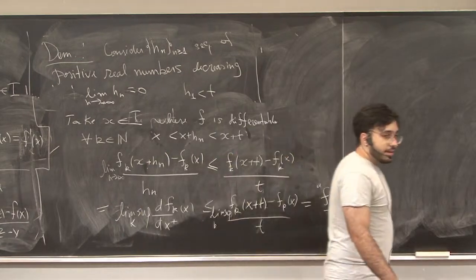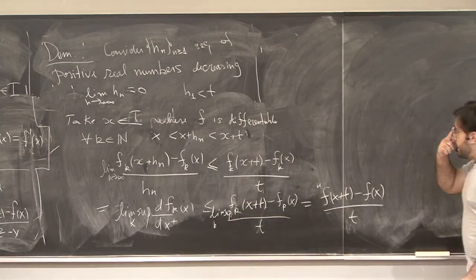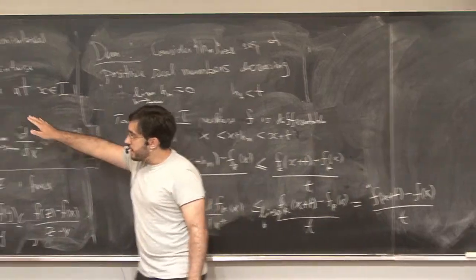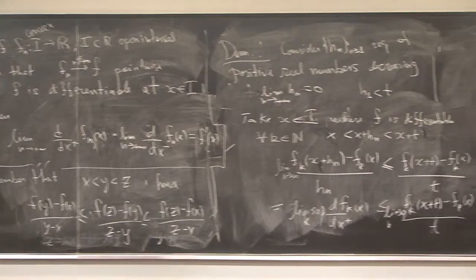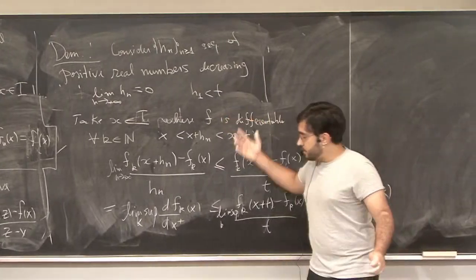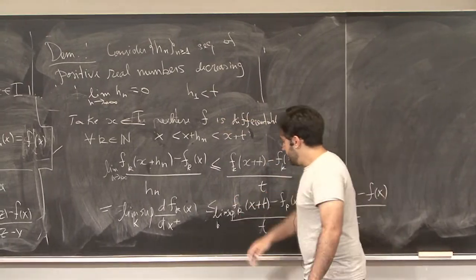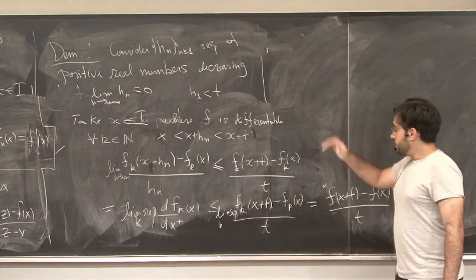Now I can take, again, since the function f is differentiable at x, and I have this inequality that holds for every t. Now there is no information on the sequence and whatever.